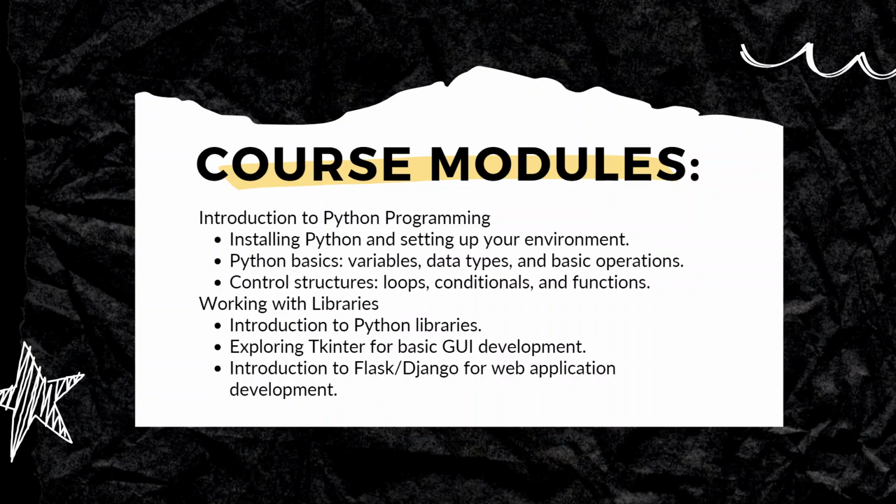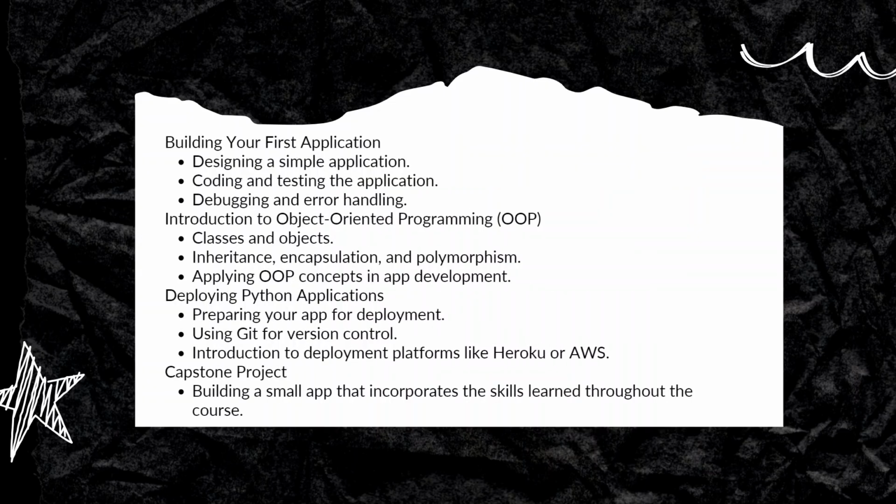Working with libraries: introduction to Python libraries, exploring Tkinter for basic GUI development, introduction to Flask and Django for web application development. Building your first application: designing a simple application, coding and testing the application, debugging, and error handling.